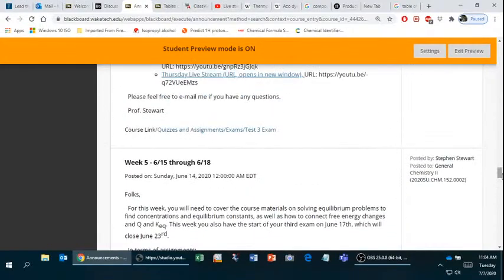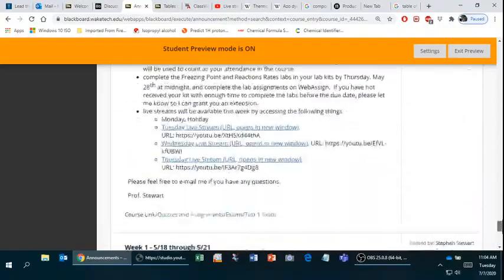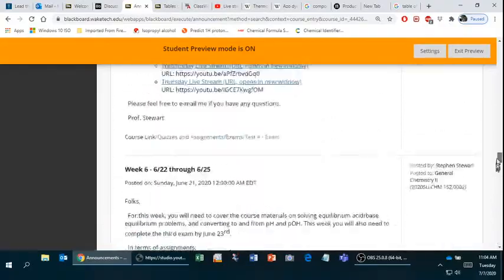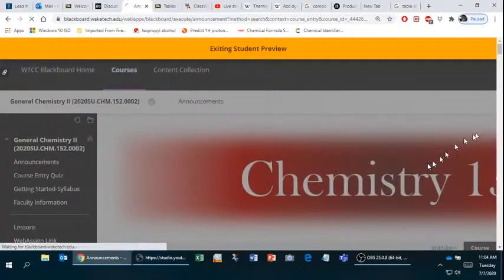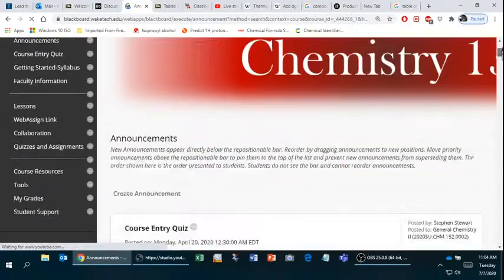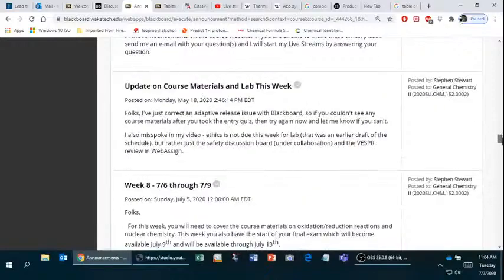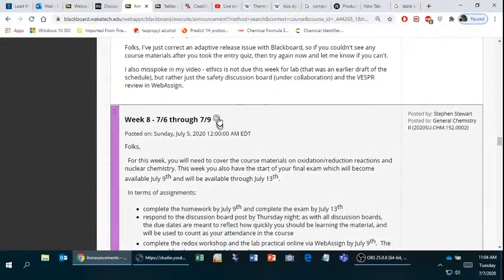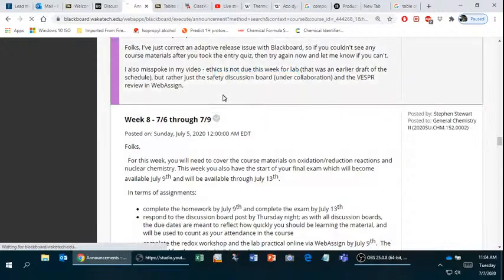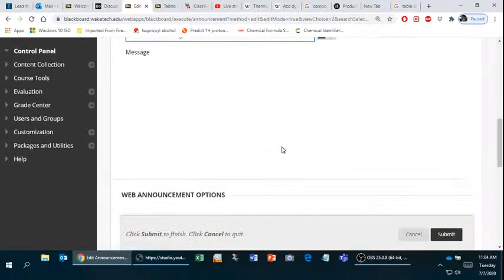Wow, that's so weird. It's showing all the announcements except the one that should be visible this week. So tell you what, let's take a look at the adaptive release. This is not the first time it's done this to me.